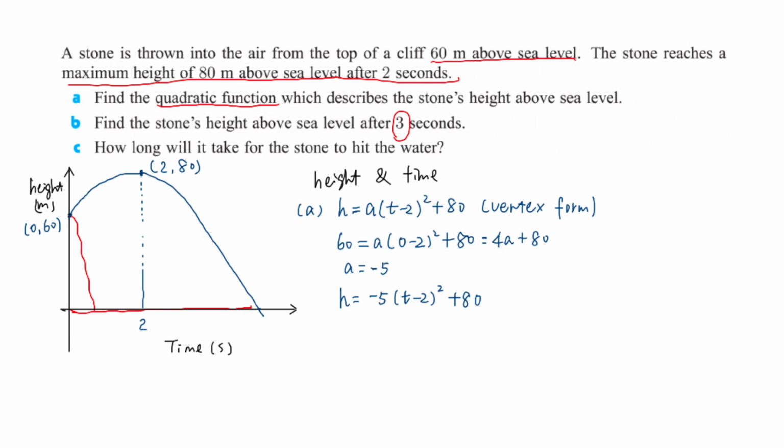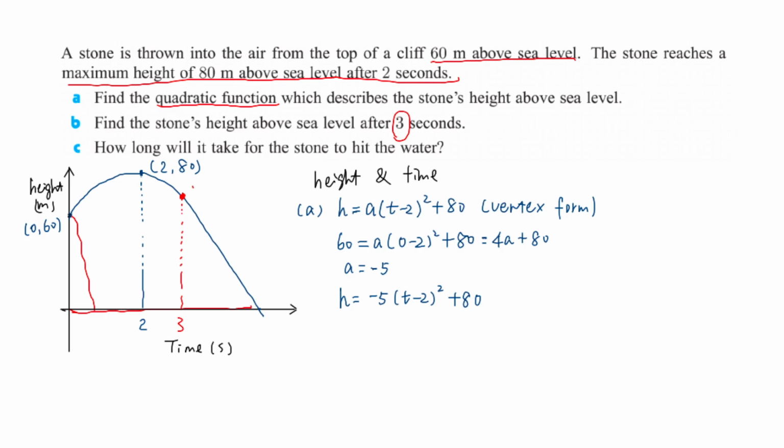Okay, so now let's move on to the second question. Find the stone's height above sea level after 3 seconds. So this means when t equals 3, what's the height above sea level?